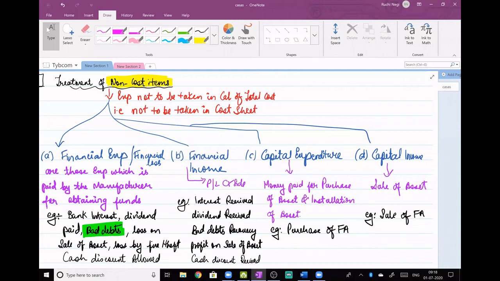Financial expenses, also known as financial loss, financial income, capital expenditure and capital income. Is this clear? No, Aradhya, cost of production is not WACM. Cost of production is FIFO. WACM, weighted average, is net factory cost.